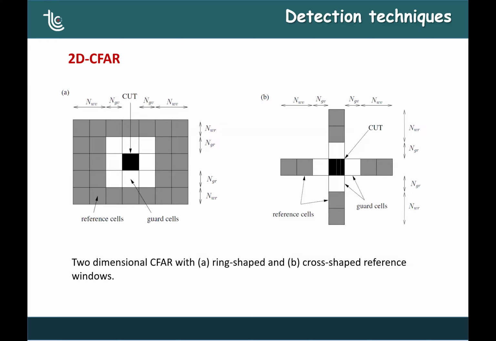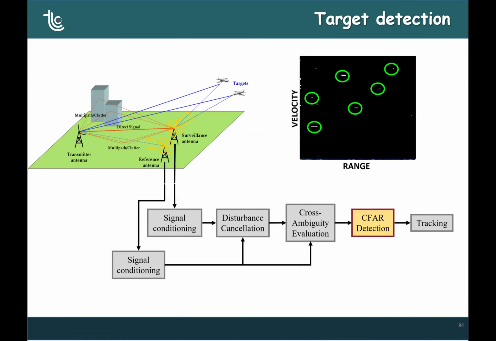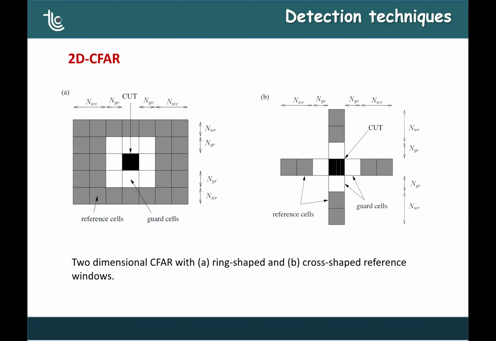So there are different ways to apply the 2D CFAR. The black square is the cell under test, so the cell where we want to detect the target in this map. Which is the problem?